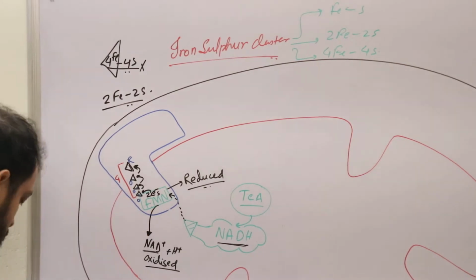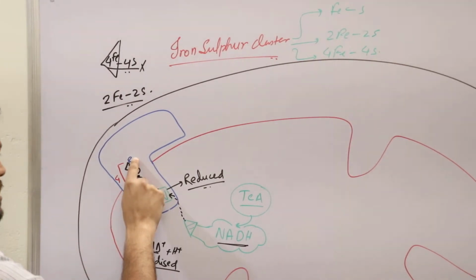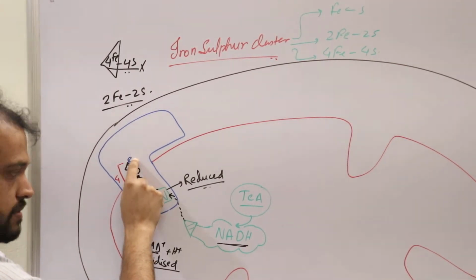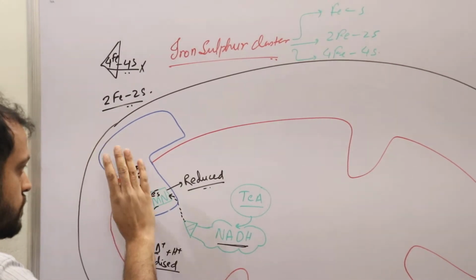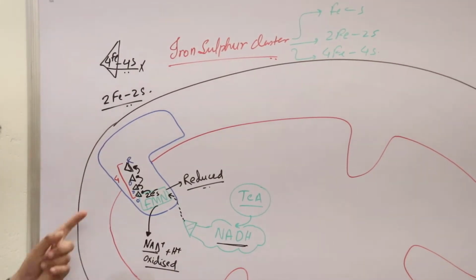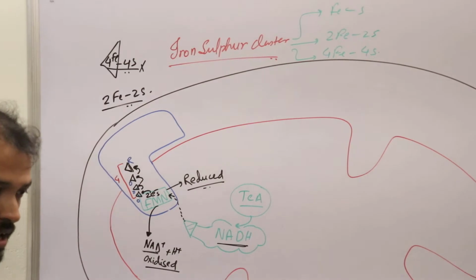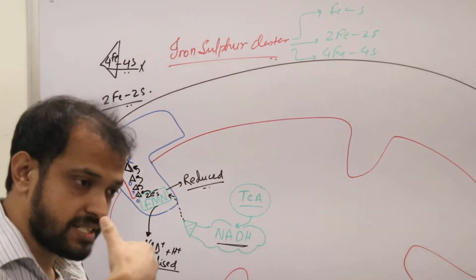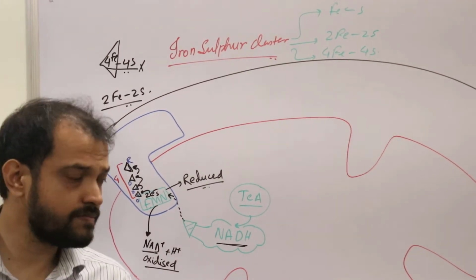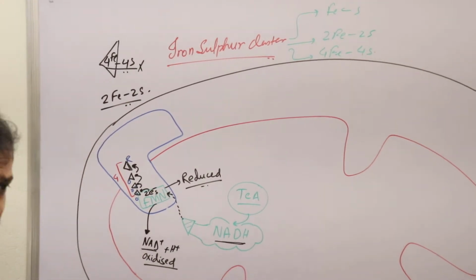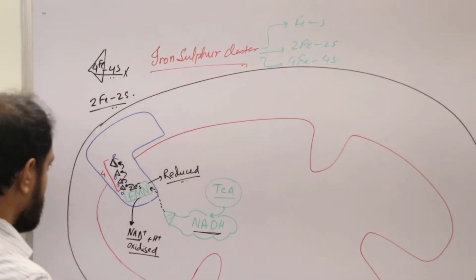Now listen, this 4Fe 4S cluster has now 2 electrons and they should be passed to a particular carrier.